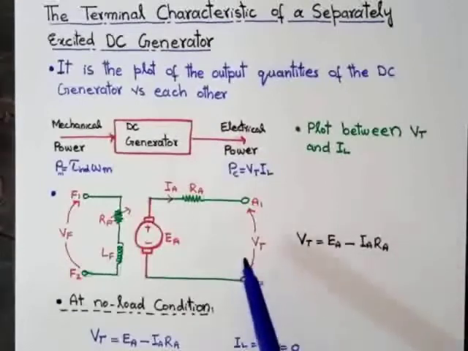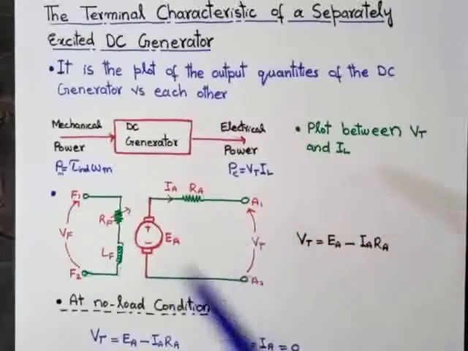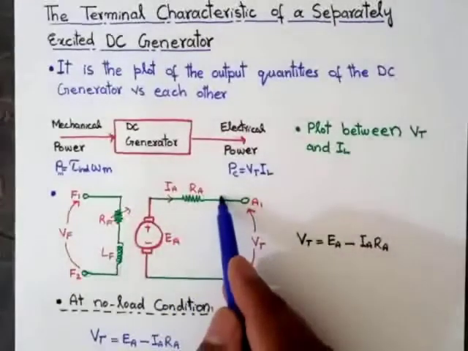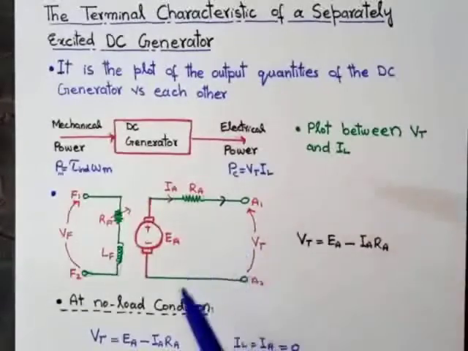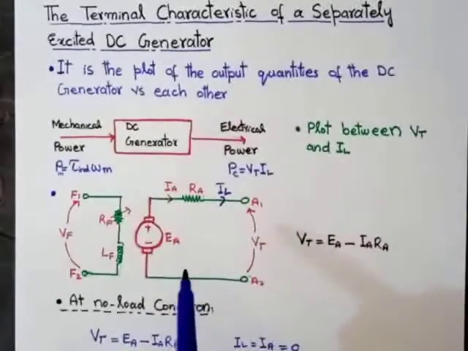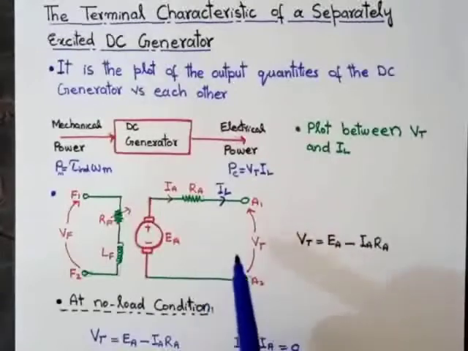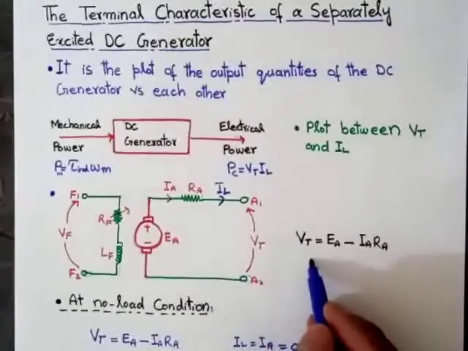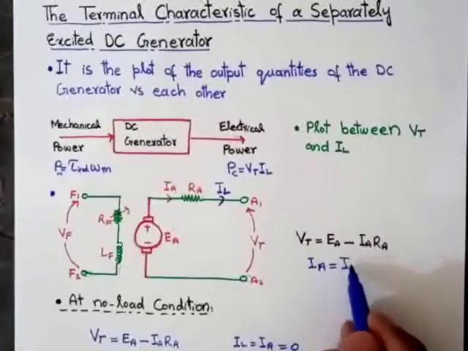When we connect the load across the armature, then the line current or armature current will increase. When we increase the load, then the line current and armature current of the DC generator will increase. It means, as we know, in case of series circuit, Ia will be equal to IL.